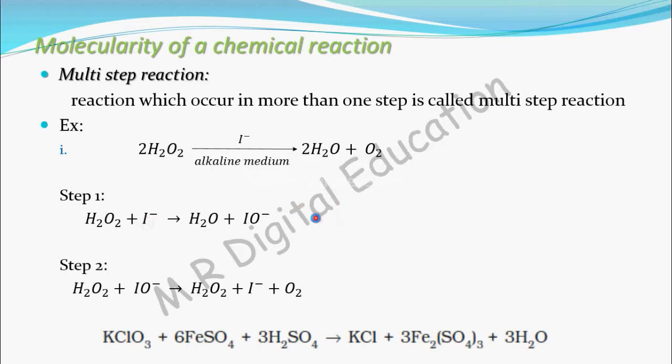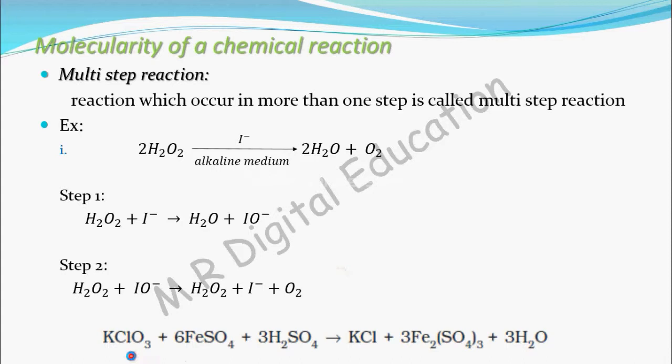So in the first step, an intermediate is formed. This IO minus is the intermediate. In the second step, this IO minus combines with one more H2O2 molecule to give H2O plus I minus plus O2. So a reaction which occurs in more than one step is called a multi-step reaction.